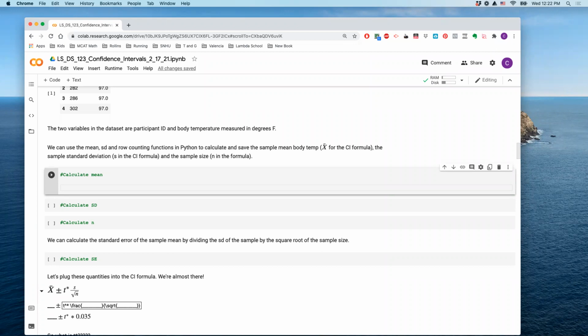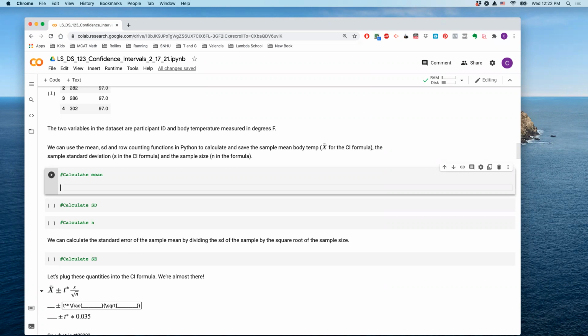And that's often a really important thing that people will do, especially if you are trying to prove that you can estimate something with a confidence interval that only has a certain amount of margin of error.